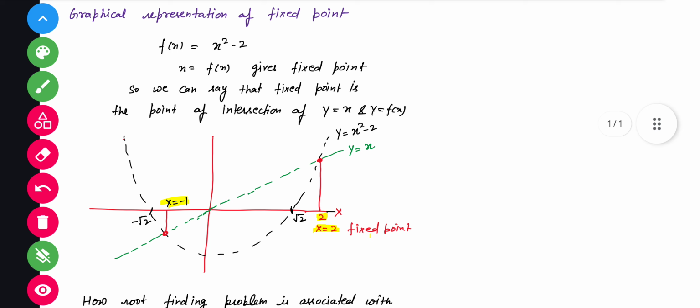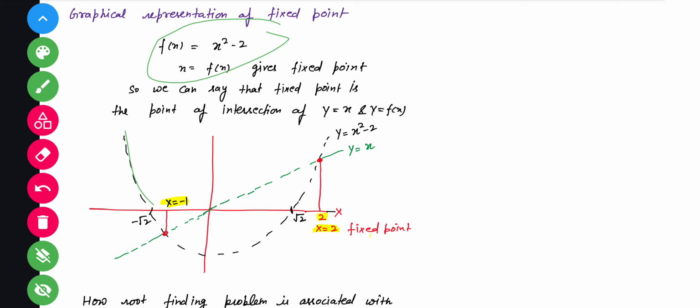So let's see the graphical representation of the fixed point. If we have a function like f(x) equal to x square minus 2, then x equal to f(x) gives the fixed point. Wherever x equals f(x), that x is the fixed point, right? So we can say that the fixed point is the point of intersection of y equal to x and y equal to f(x).